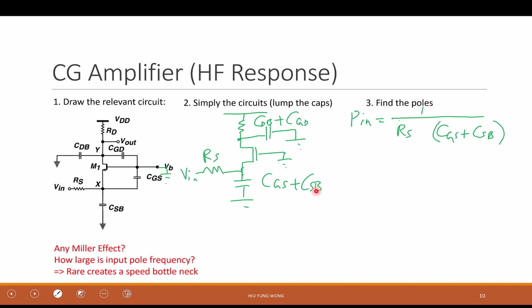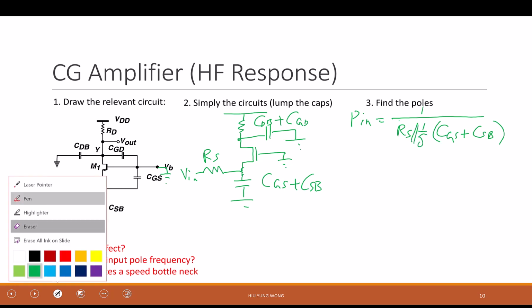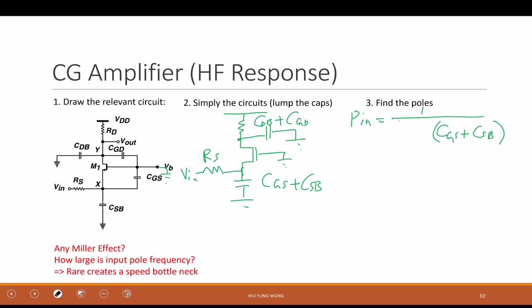Then let's go back to the elevator and stairs. If you stand here, right, you still have 1 over gm. So be very careful. So it's RS parallel 1 over gm. Right?